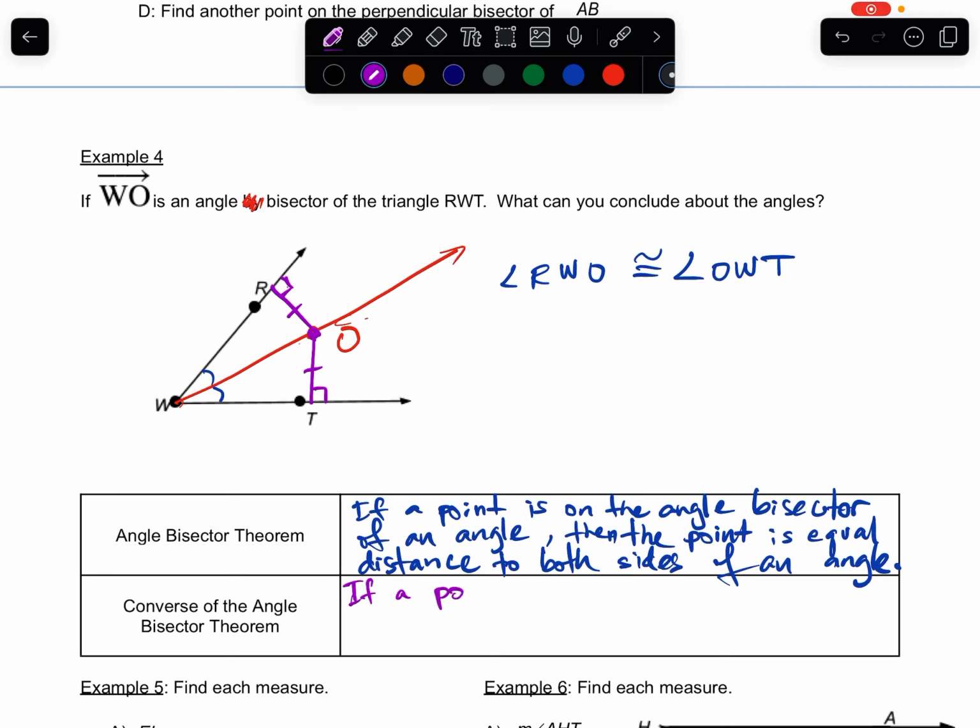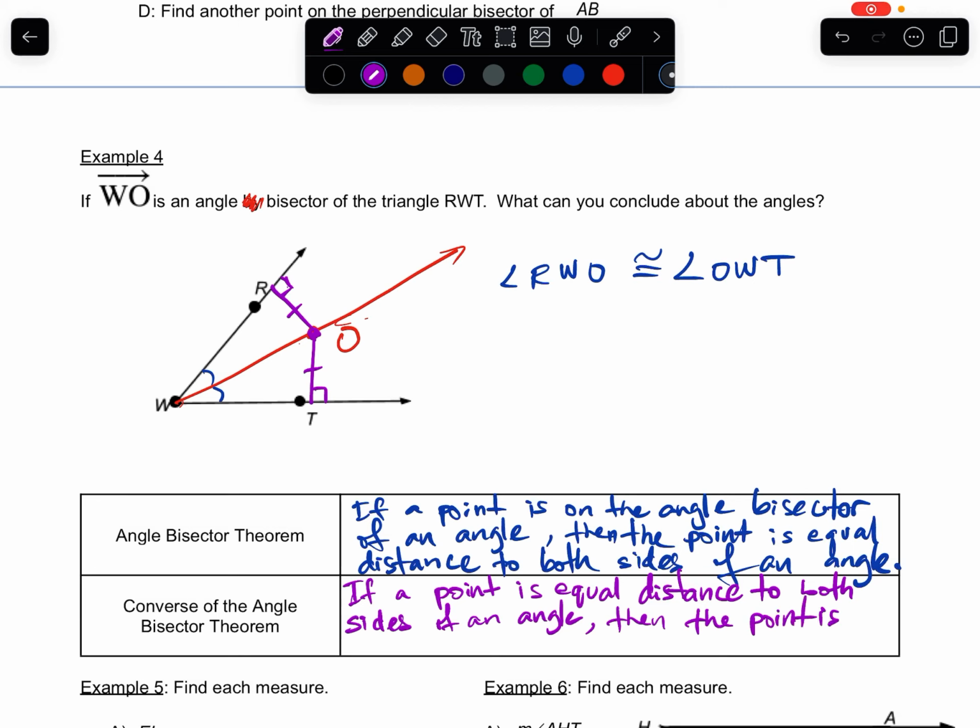So if a point is equal distance to both sides of an angle, then the point is on the angle bisector.